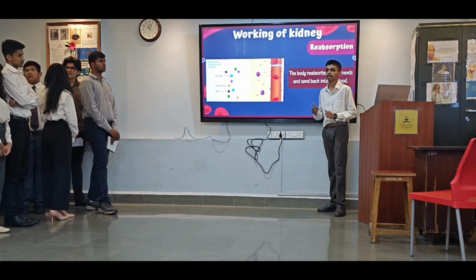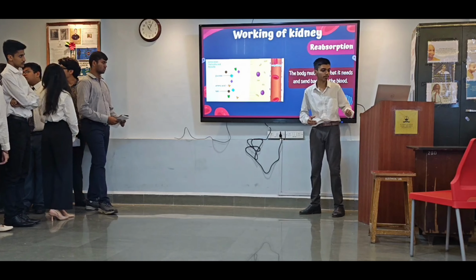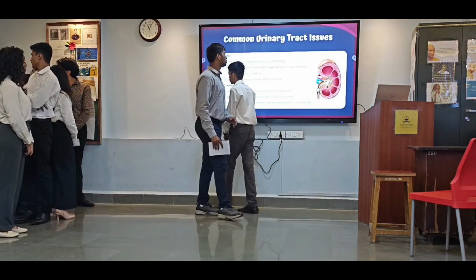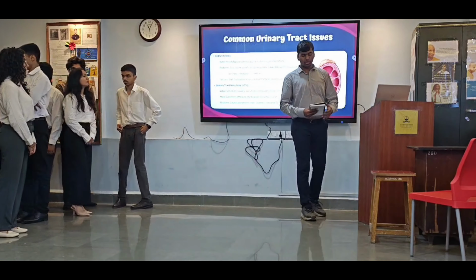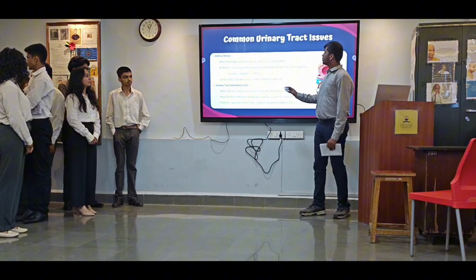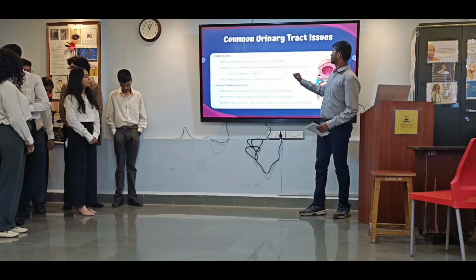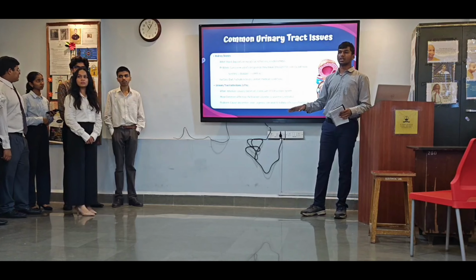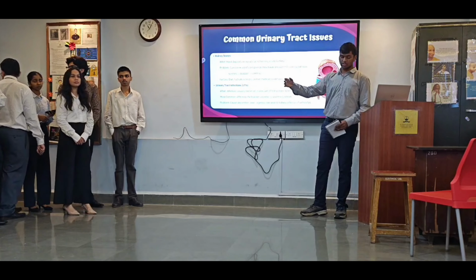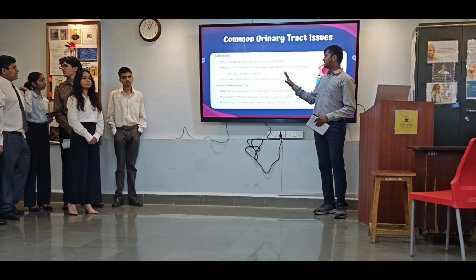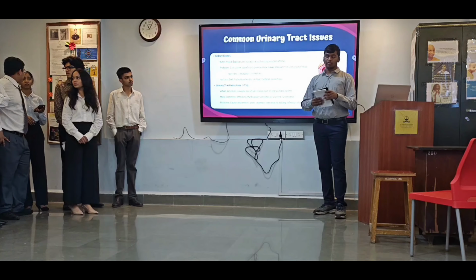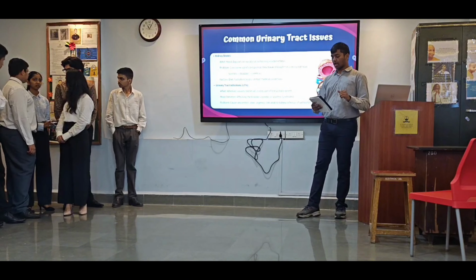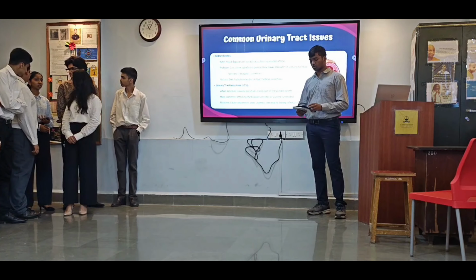Now we will explain the urinary tract and its function. The urinary tract consists of kidneys, ureters, bladder, and urethra, as mentioned by Kshitij before me. Kidney function includes removing excess fluid, balancing vital electrolytes, and helping manage blood pressure.